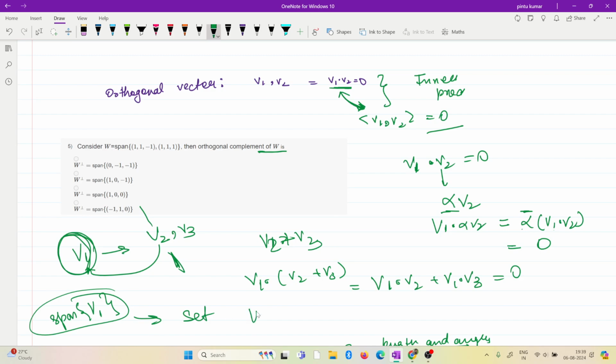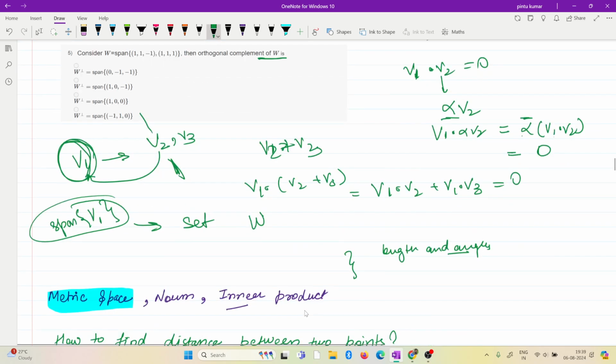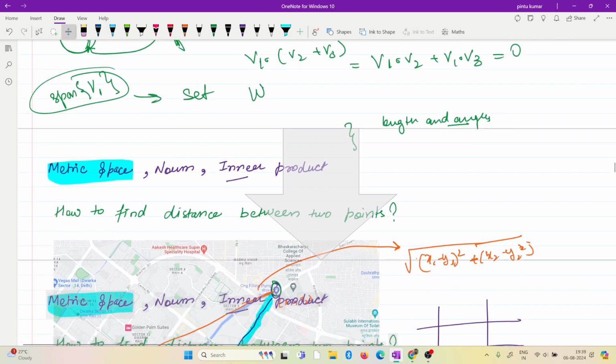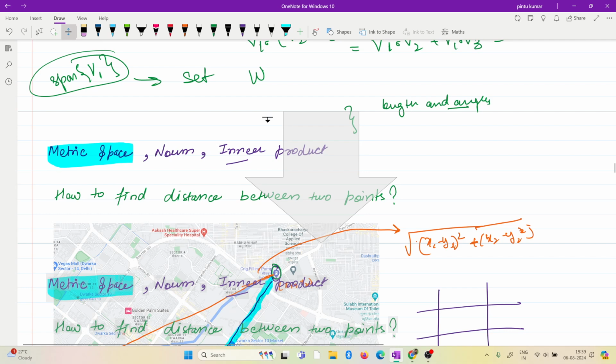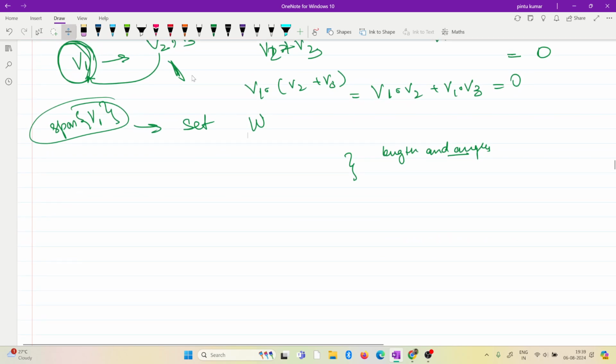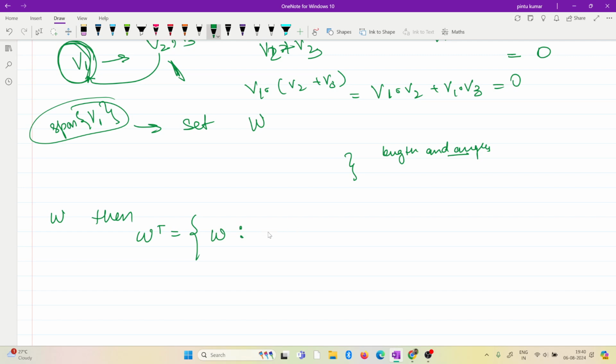So let's call it W. Let me properly define this orthogonal complement. Let's say you are given a set W, then W perp, or W complement, is defined as the set of all V such that V dot W is equal to 0 for all W belonging to the set.